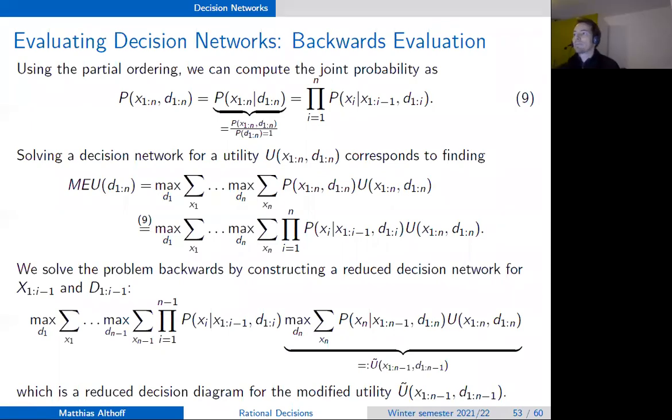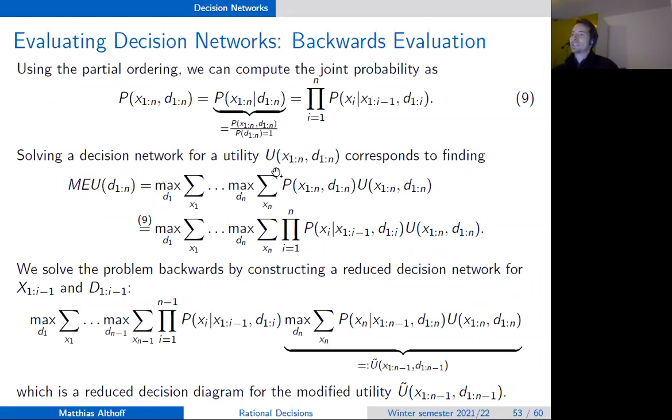Okay. So expected utility, as you remember, is multiplying the probability with the corresponding utilities, and then we are summing over all possible outcomes. So this is always the core of any formula for expected utilities.